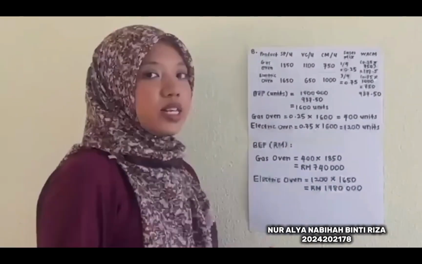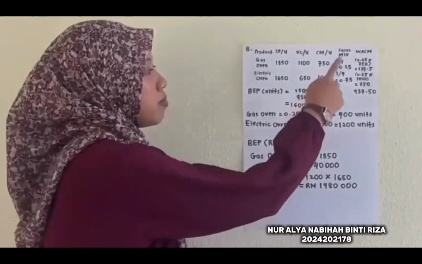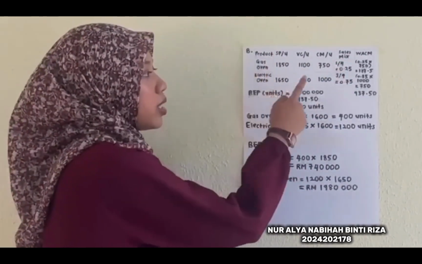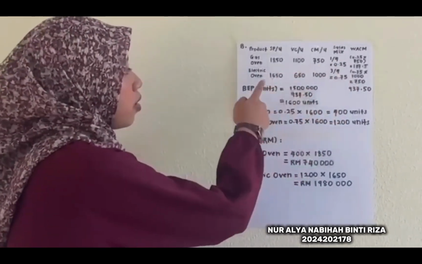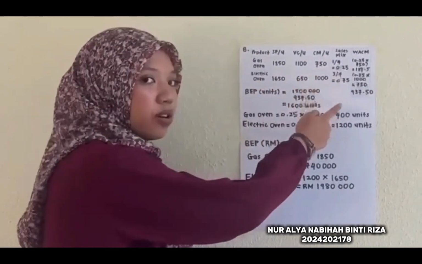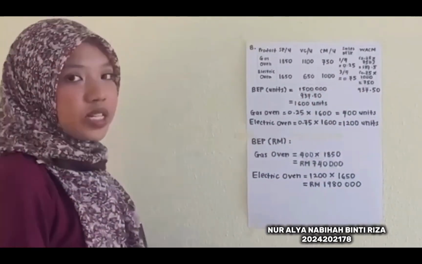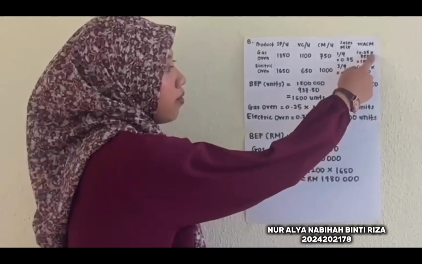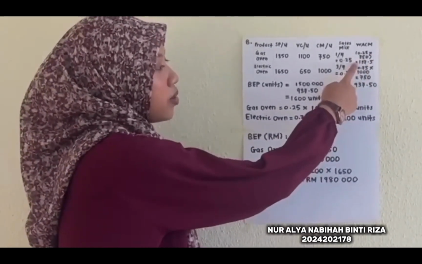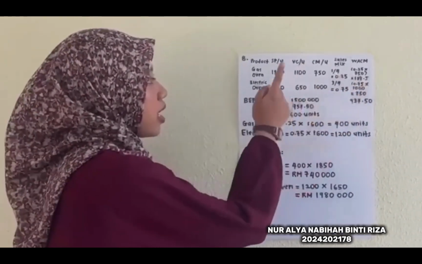Okay, based on the question, given sales mix for gas oven is 1/4 equal to 0.25. For electric oven is 3/4 equal to 0.75. We need to calculate weighted average contribution margin, which is 0.25 times 750 equal to 187.50 for gas oven.